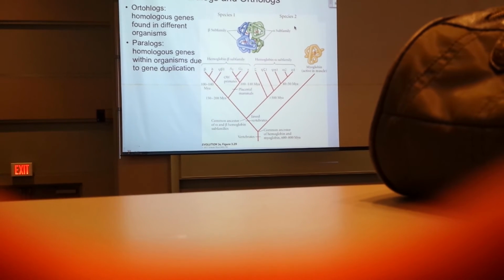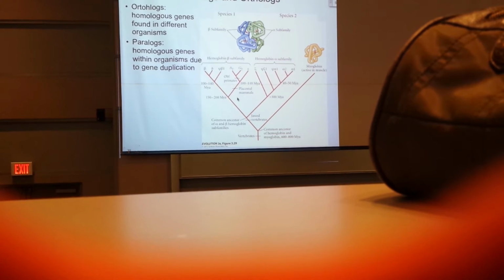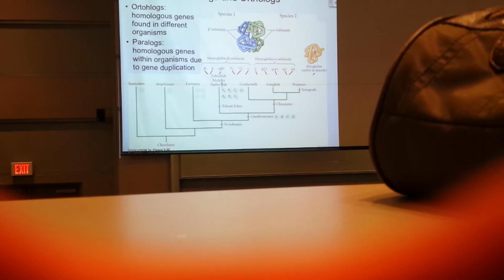And some examples are hemoglobin. So hemoglobin has basically duplicated itself a bunch of different times. So in the placental mammals, we have several copies of it. And they do different things. And the Hox genes as well. So in this case, all of these organisms have at least one copy of the Hox gene.